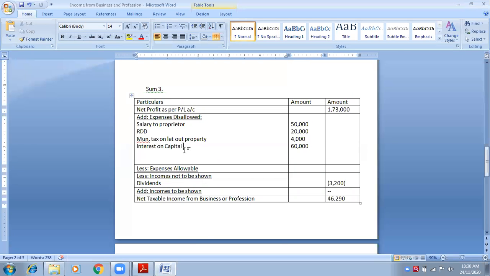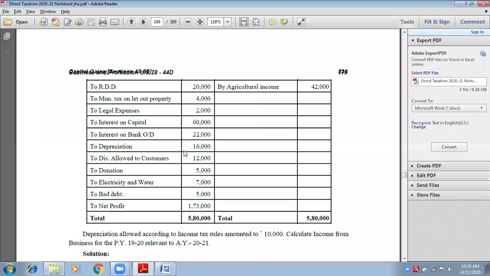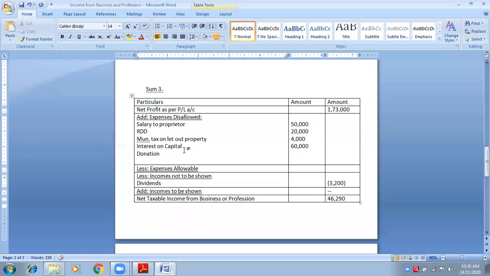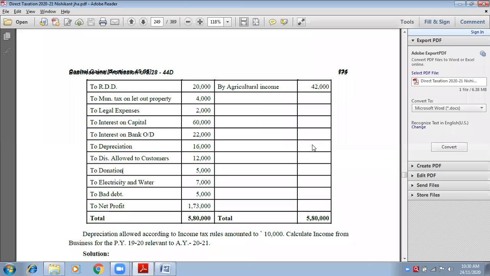Gifts to relatives are disallowed. This is donation. What is the amount of donation? 5,000, ma'am. 5,000. Fully disallowed. Fully means all the amount of donation will be disallowed. So the full amount of donation is 5,000.